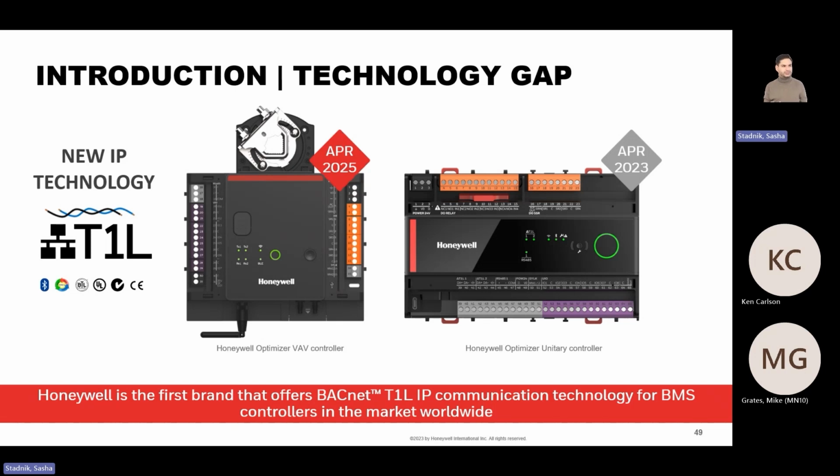So this tech is going to figure out how to do this. Johnson will have to figure out how to do this. It's not easy. You need to redesign the controller. That is why we also started with a unitary controller, not the VAV controller. Because to redesign the chipset, to use the chipset of T1L on a controller that was not designed on the board to have that T1L on it, it was difficult for us.